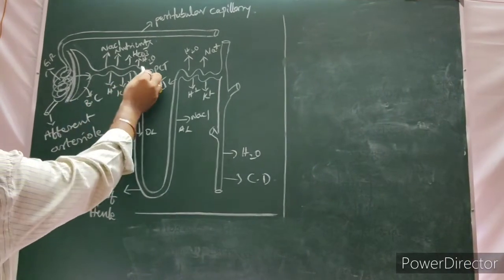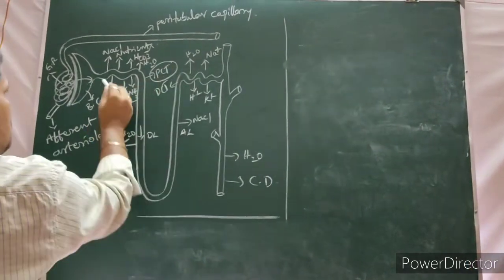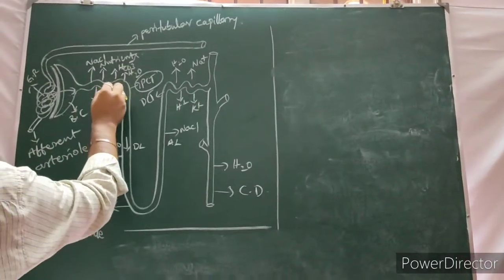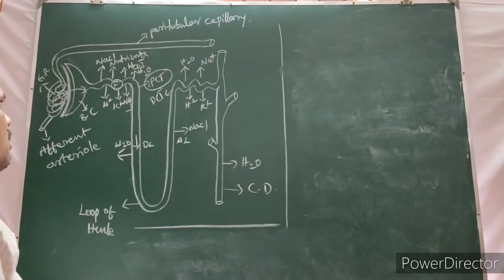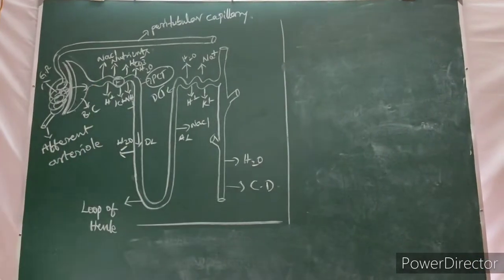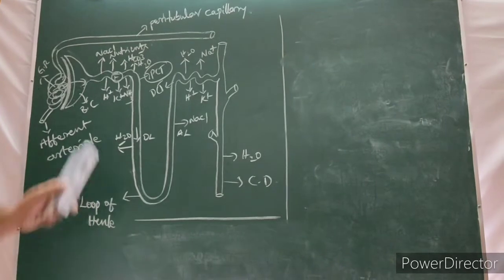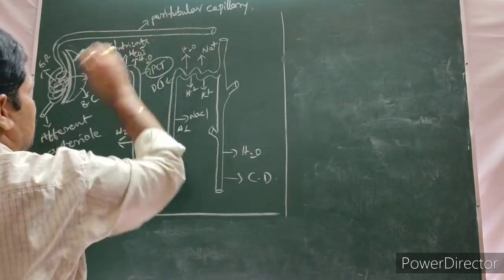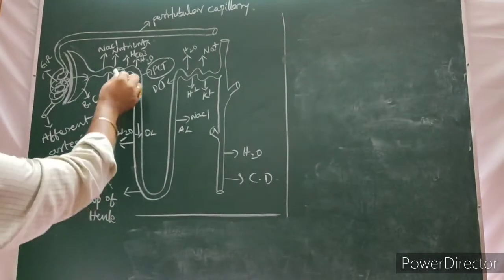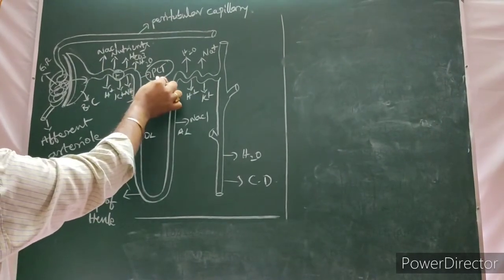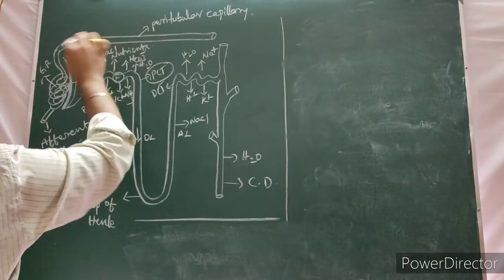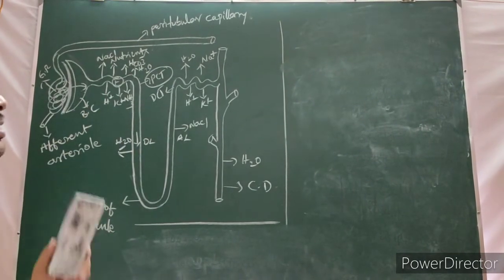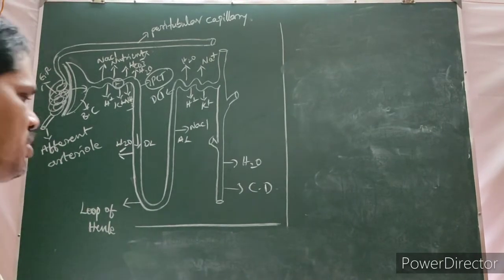After that, it reaches the PCT, that means proximal convoluted tubule. What are the nutrients present in the filtrate? That is going to be absorbed into the peritubular capillary. What is filtered in the proximal convoluted tubule is absorbed by the peritubular capillary. That is what we call, what is that? Tubular reabsorption.